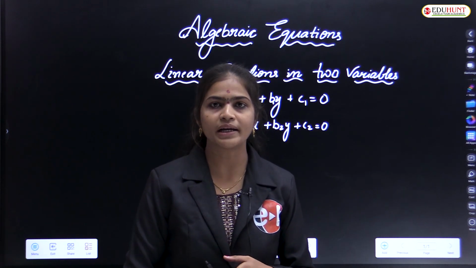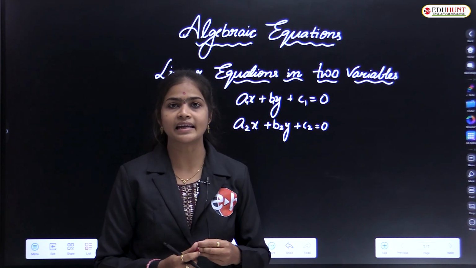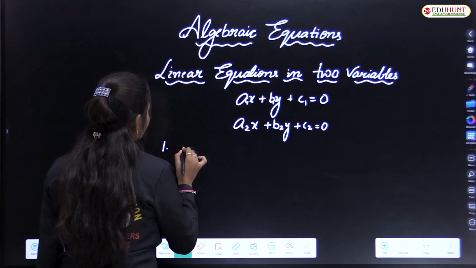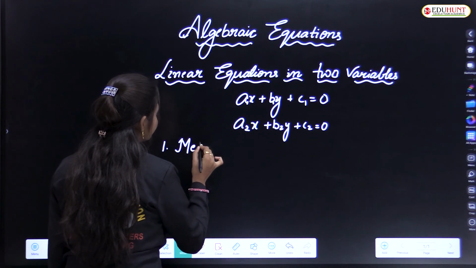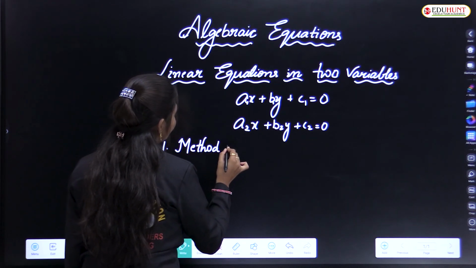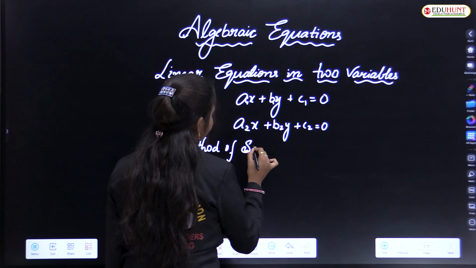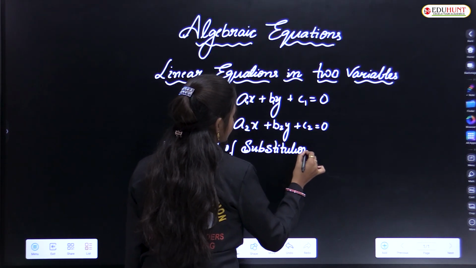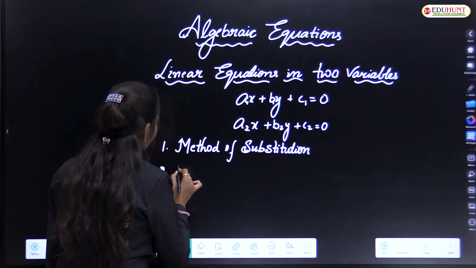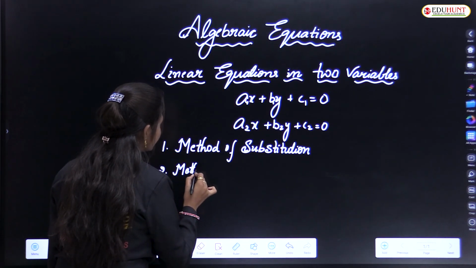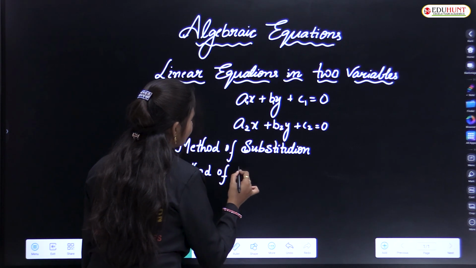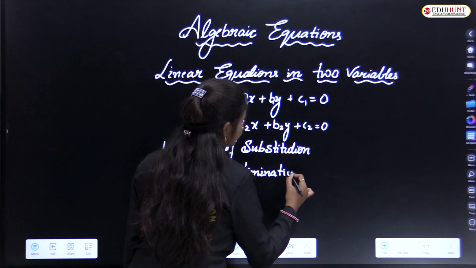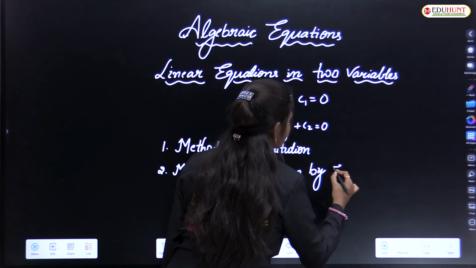So how to find them, ma'am? Here we again have three methods. What are those three? The first method is the substitution method, method of substitution. The second one, method of elimination by equating the coefficients.